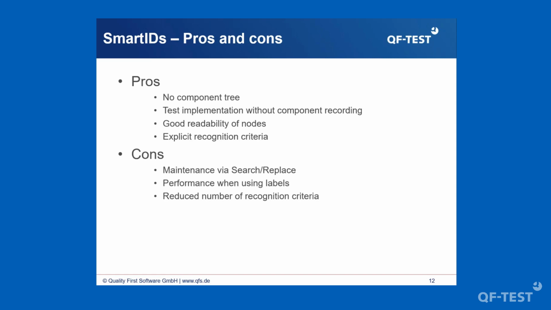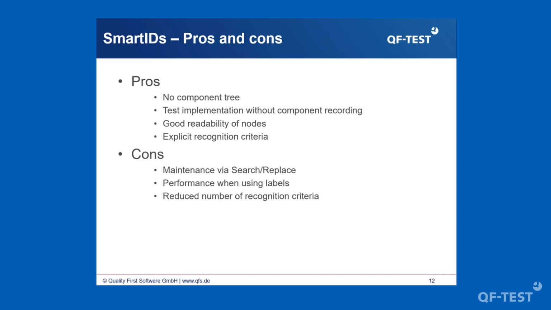You can switch between the two from one event node to the next, or in the procedure calls, you can either use SmartIDs or the QFTest ID of the component nodes. If you decide to use SmartIDs, you don't have to update your current existing tests at all. You can leave it as it is, and then implement the new tests using SmartIDs if you like.